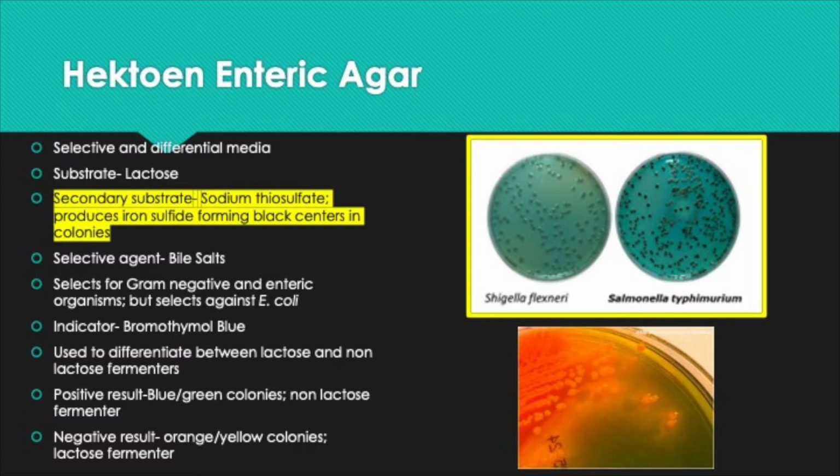This produces black colonies. So the colonies will be blue-green, but they will have a black center to them. So you will have growth, which is gram-negative. You will have blue-green colonies, and then they will have a black center if it's positive for hydrogen sulfide production.